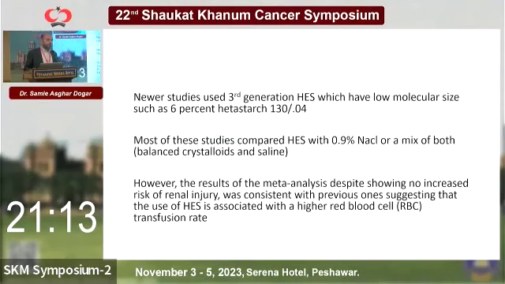And most of these studies have compared starches with normal saline. And later in our presentation, we will talk that there are also some problems with normal saline. And it's also important to note that although these meta-analyses say that there is no increased risk of renal injury, the results were consistent with previous ones, suggesting that use of starch was associated with a higher transfusion rate.